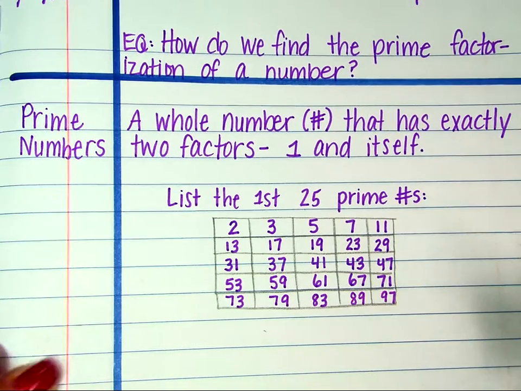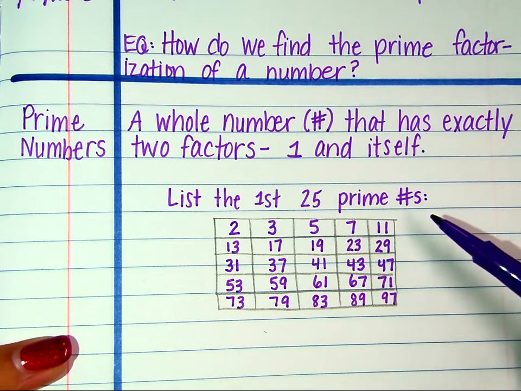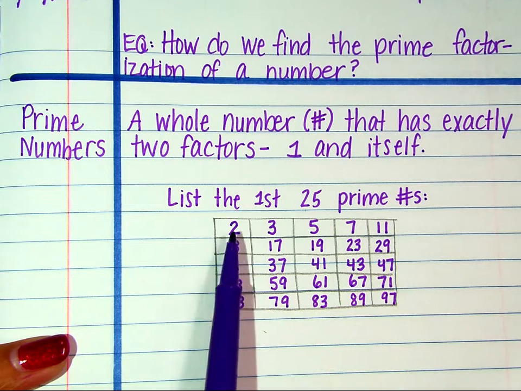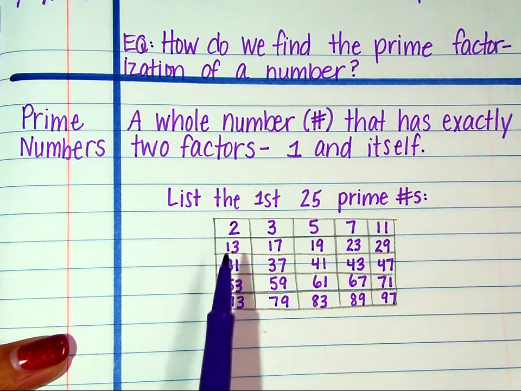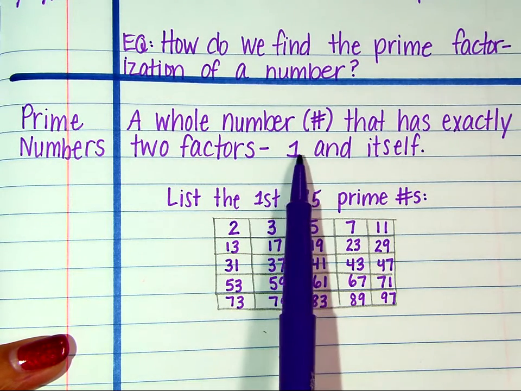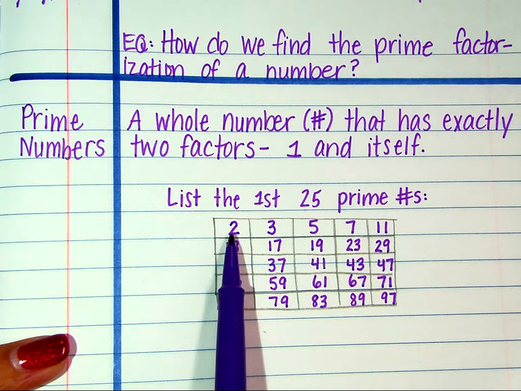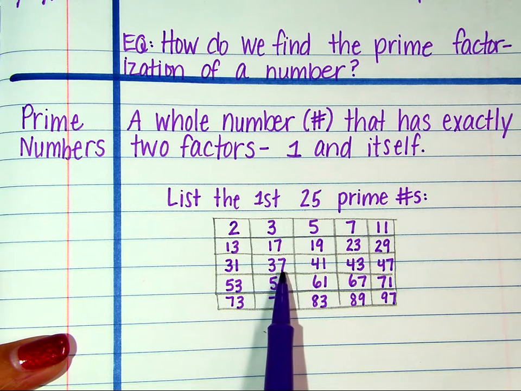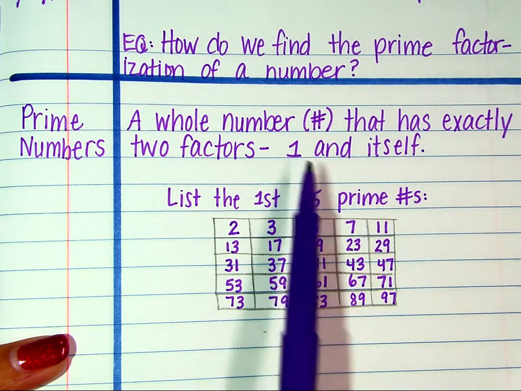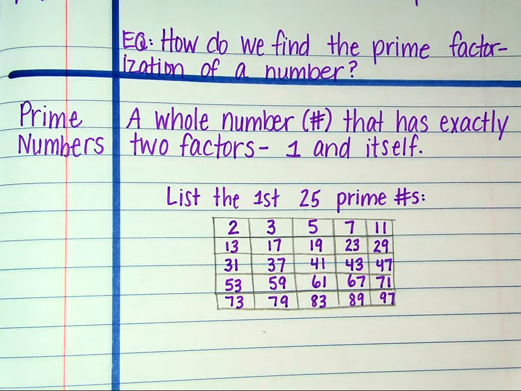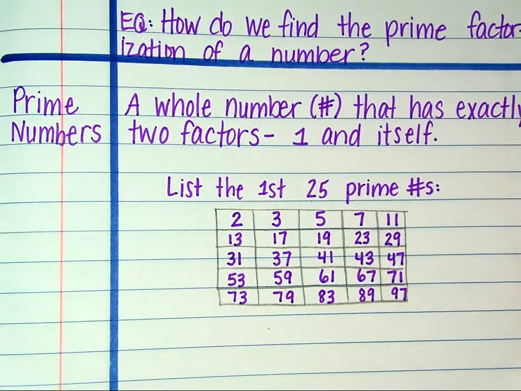Again, these are the first 25 prime numbers, and that means that for each of these numbers, the only factors it has are 1 and the number itself. So the factors of 37 are 37 times 1. That makes them prime.